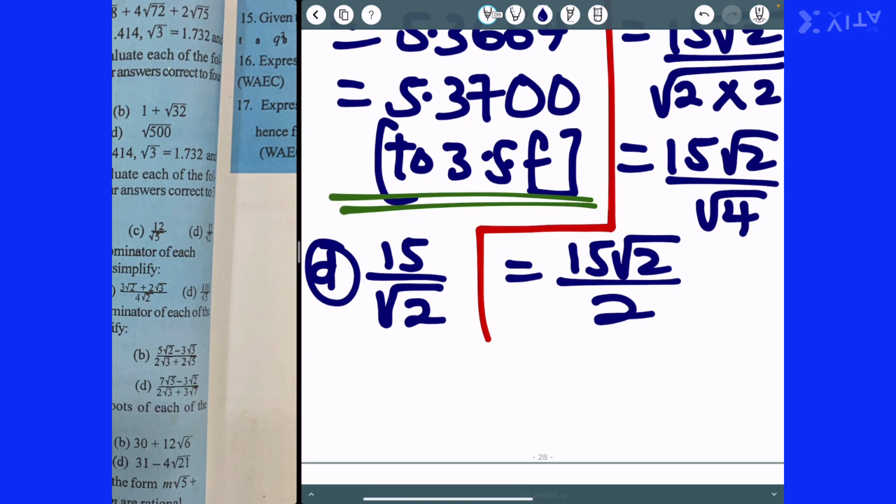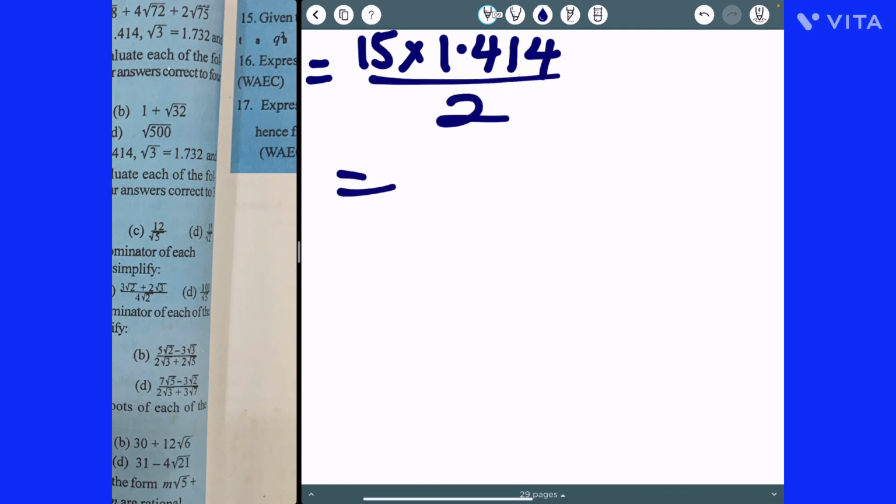So I know the value of root 2. 15 times 1.414 divided by 2 gives me 10.605.